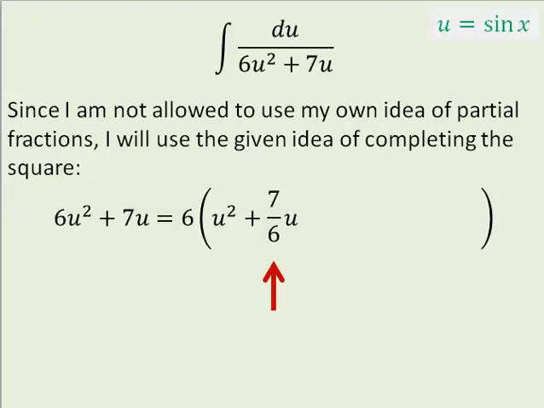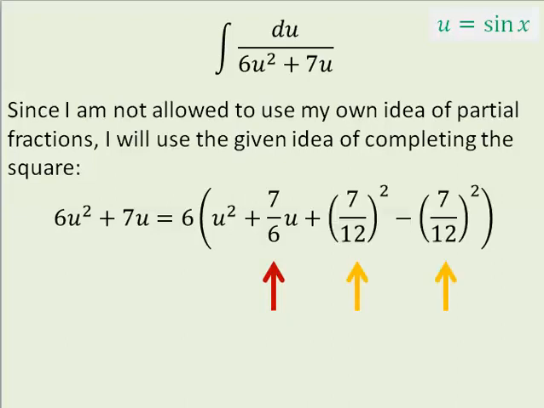So now, inside the parentheses, I look at the coefficient of the linear term. I take that linear coefficient, I divide it by 2, and square the result. What I get is a value of (7/12) squared. And what I want to do is add and subtract that value.